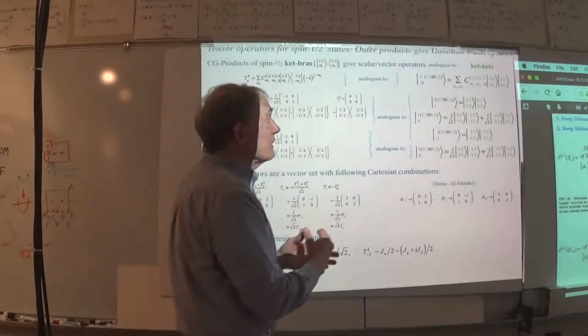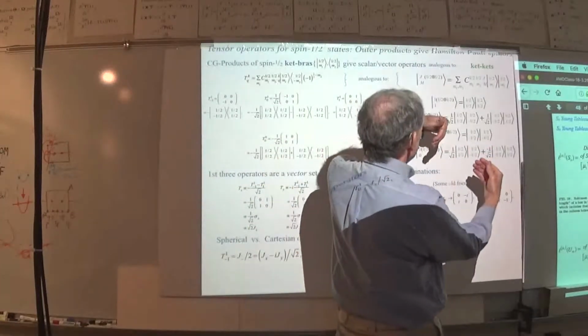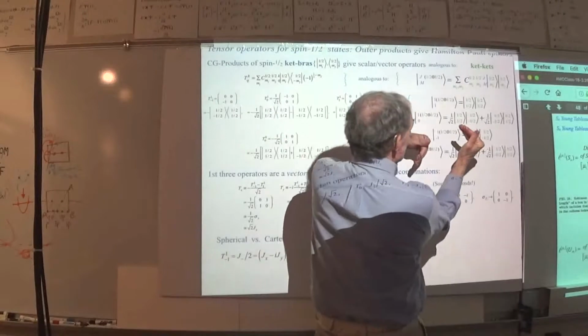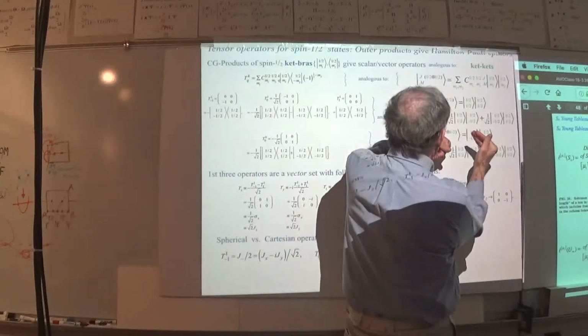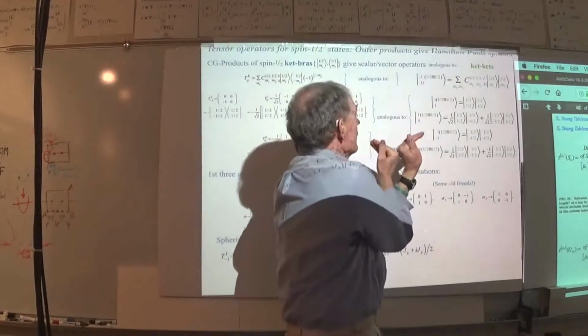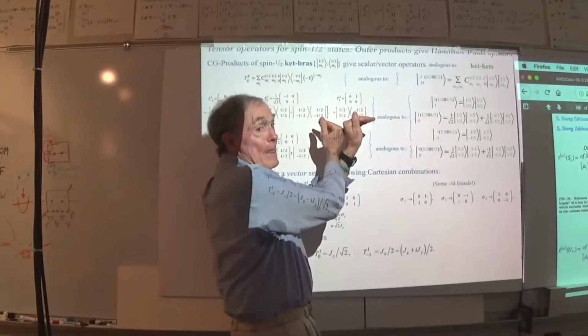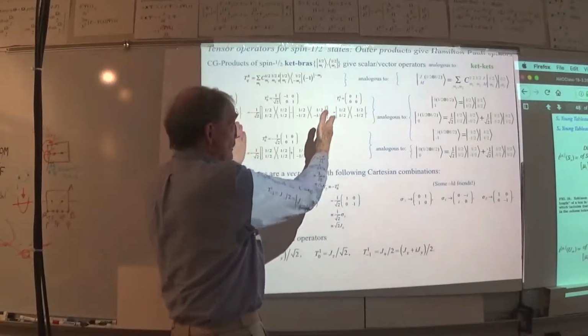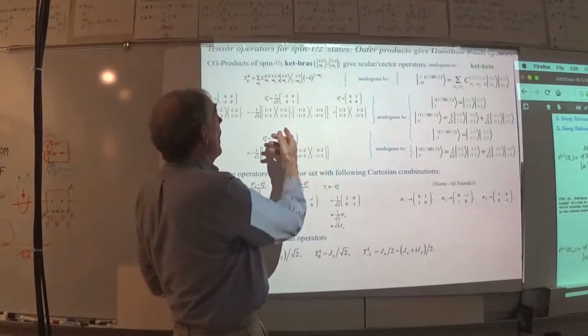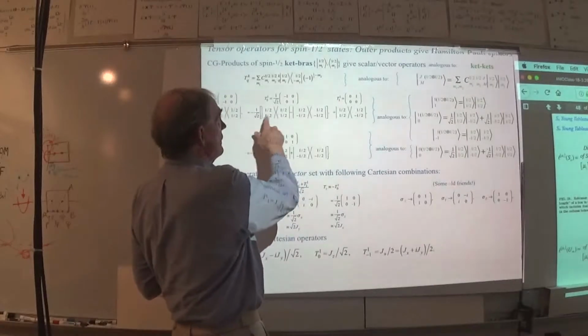Only now it's not going to be kets and kets. Okay, there's a ket. There's a ket, right? That's what we got over here. Okay? What we got to do over here is put them knuckle to knuckle. Okay? We're going to do the same thing with combinations symmetric with a minus sign.